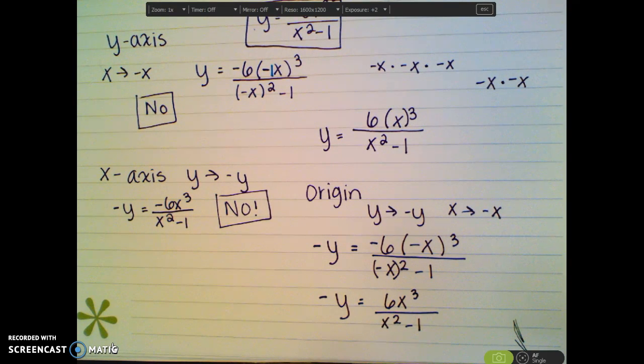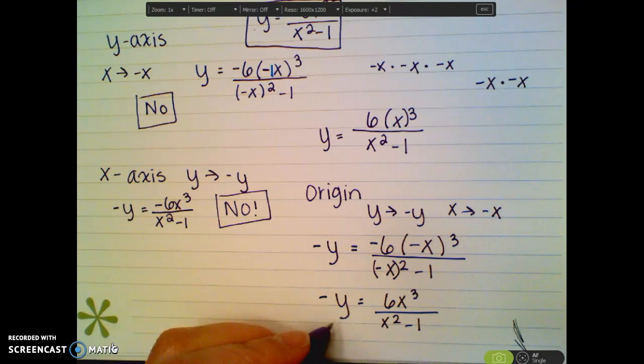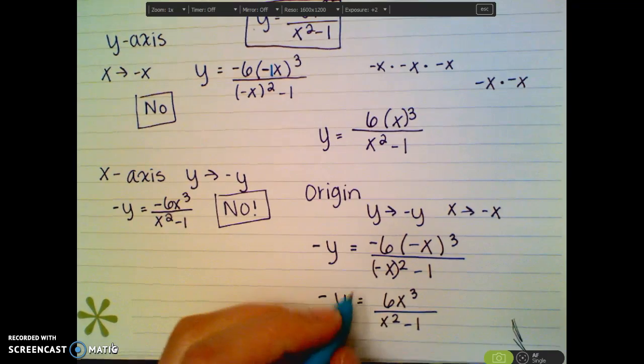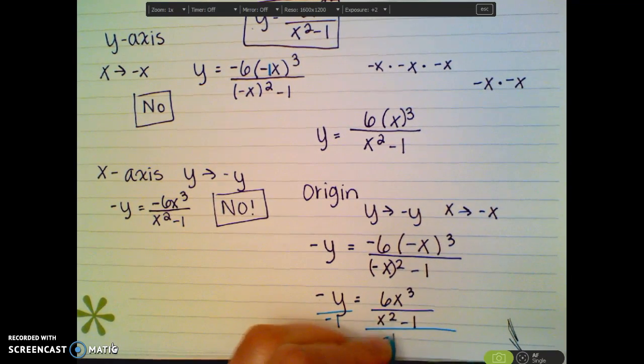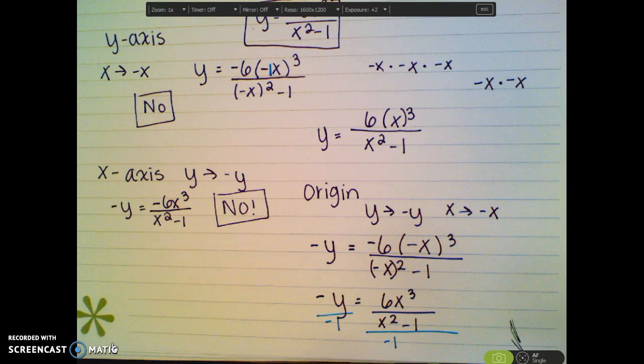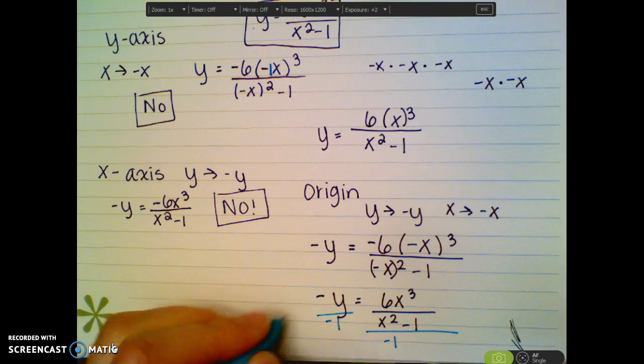Now, we do not want to lead with this negative coefficient, so we would divide this side by a negative, or you could see it as multiplying by a negative, to get rid of that negative.